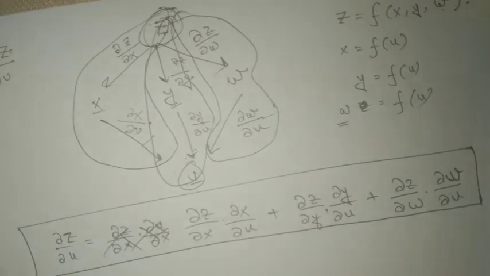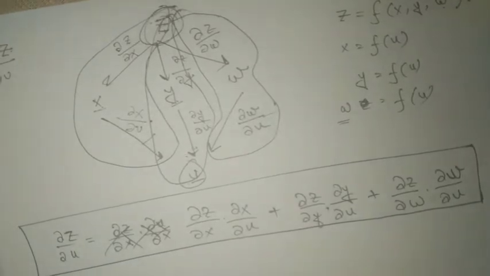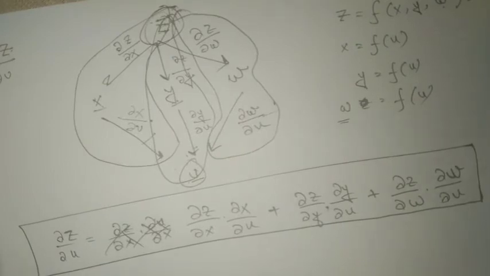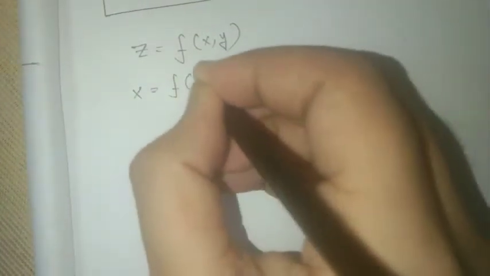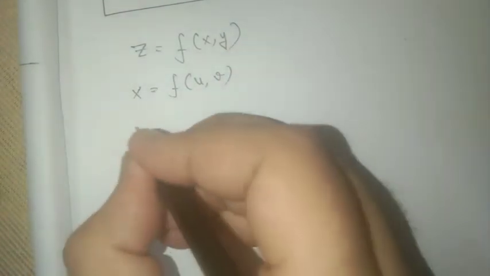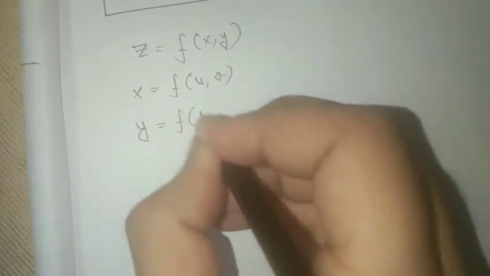Let me take a little more complicated problem. Let z be a function of x and y, and x is a function of u and v, y is a function of u and v.